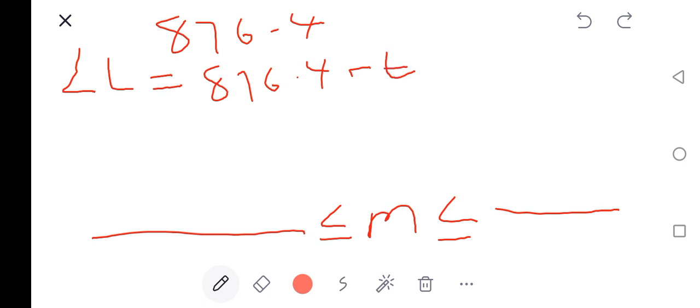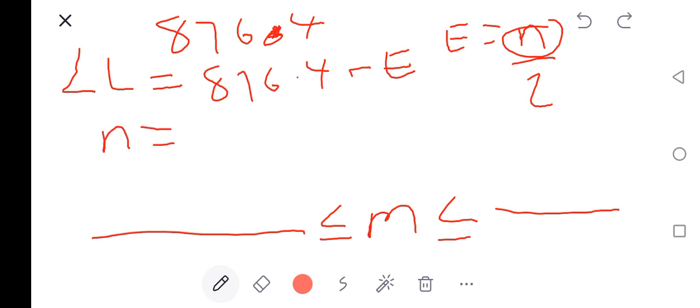Now, what is our error? Remember what I said, that in this case you only have one figure. When you only have one figure, error is equal to n divided by 2. This n is the unit difference. The unit difference for one decimal place is 0.1.